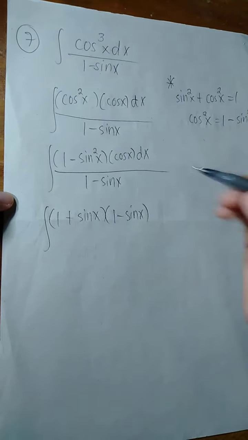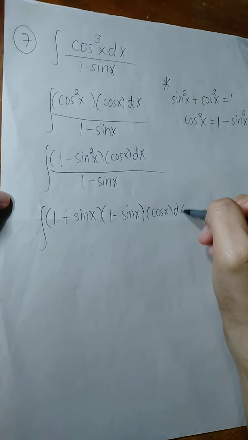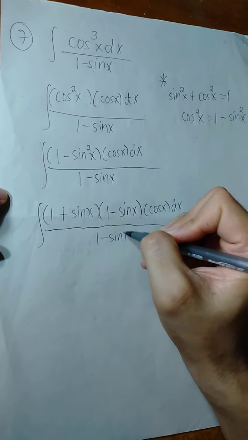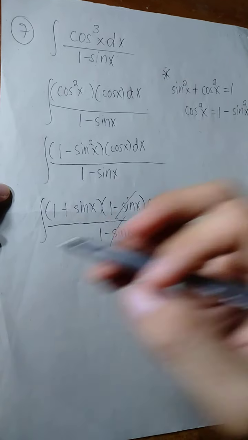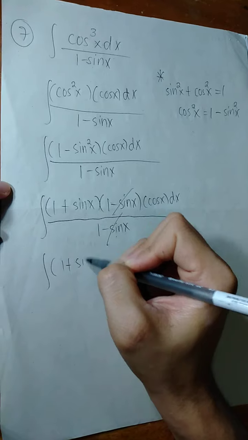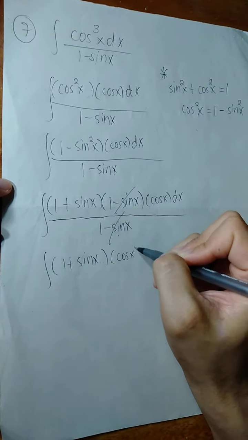Ito rin lalabas na yan. Ito yan. So cosine x dx over 1 minus sin x. At kung mapansin natin, similar, cancel out. So magiging 1 plus sin x cosine x dx.